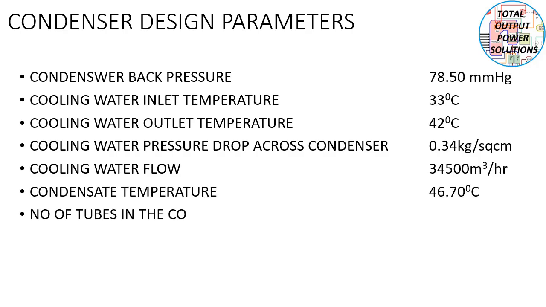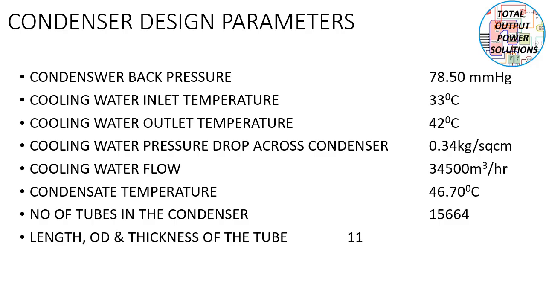Cooling water pressure drop across the condenser is 0.34 kg per square centimeter. Cooling water flow is 34,500 meter cube per hour. Condensate temperature is 46.70 degrees centigrade. Number of tubes in the condenser is 15,664.